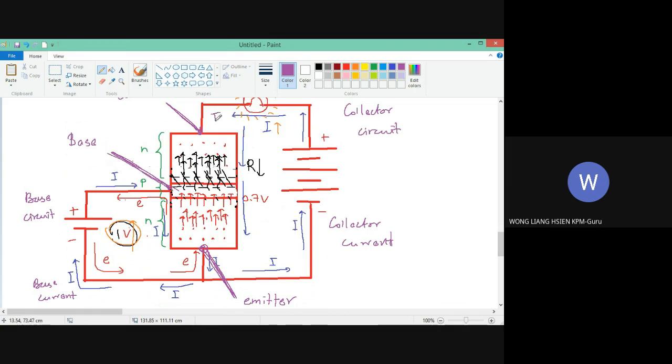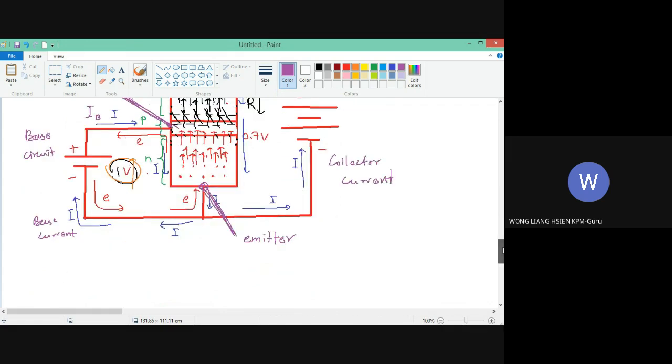The symbol that we use is small I c. And the current that flows here is the base current, so we use the symbol I b. And this current here, the current that only flows through this short part, from here to here, is the emitter current.